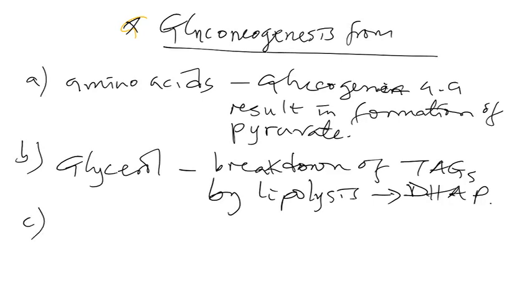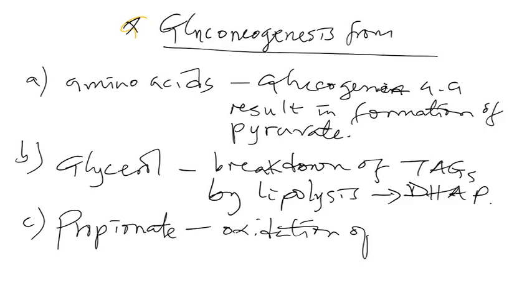We can also have gluconeogenesis coming from propionate. So propionate results from oxidation of odd chain fatty acids. As we will discuss later on, most of the fatty acids are even numbered, but we have a few that have an odd number of carbon atoms.